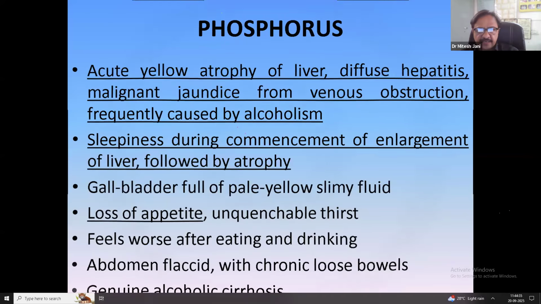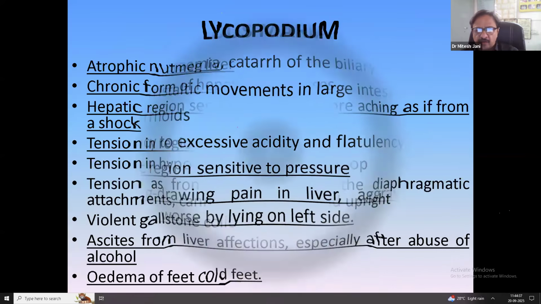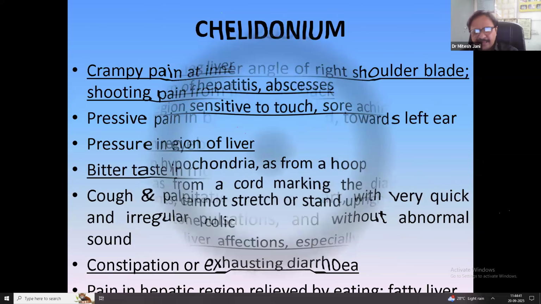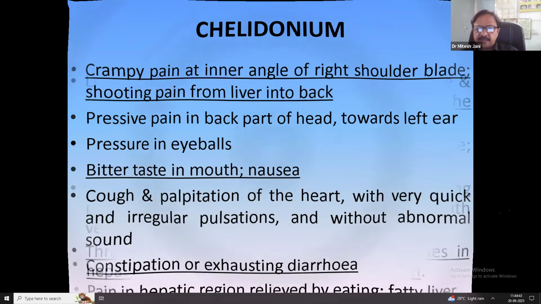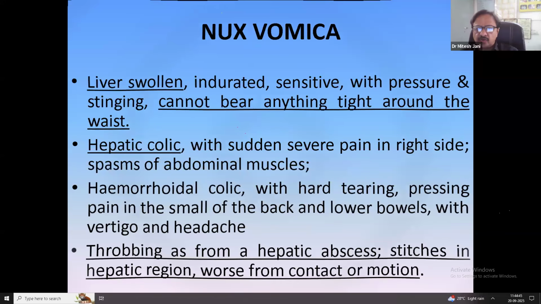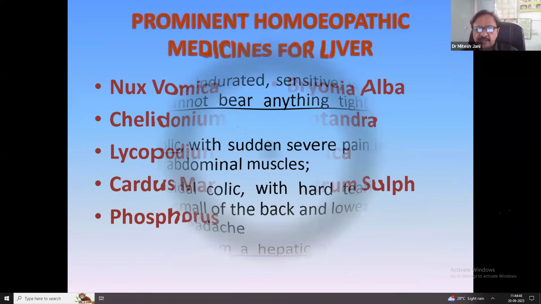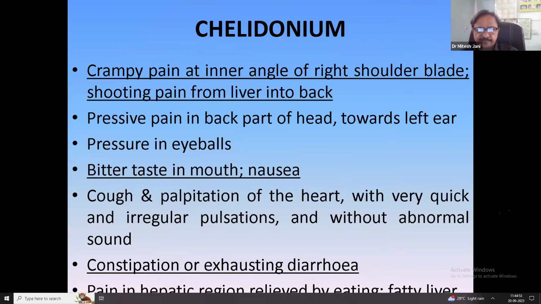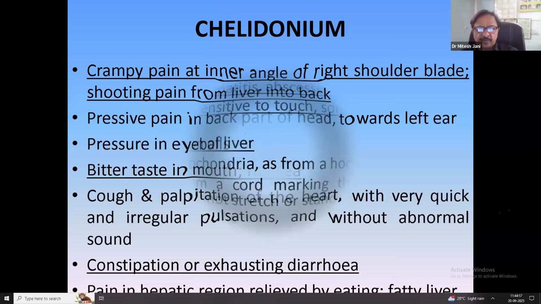Bryonia, the pain in the right shoulder. Also we found pain in the right side. Also we found in Chelidonium, right shoulder blade, shooting pain from the liver into the back.